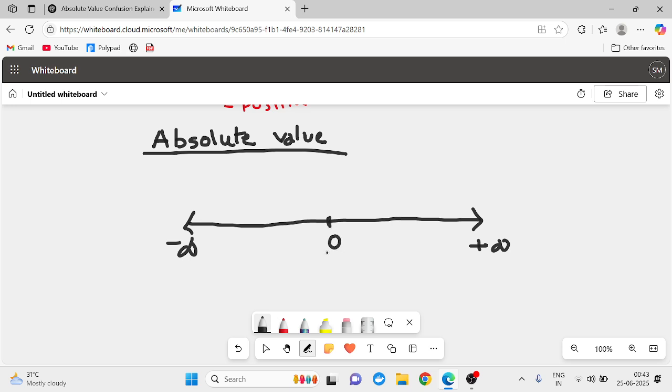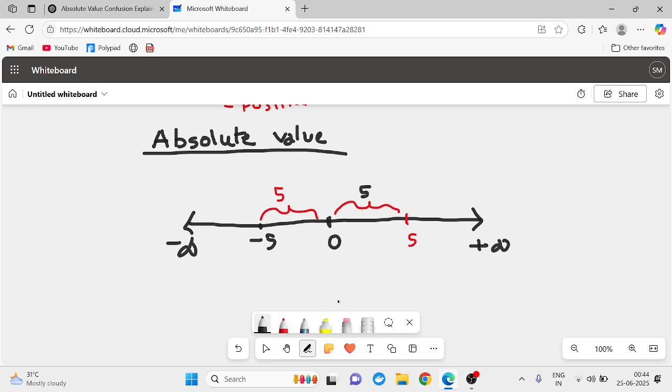Say this is 0. And at a distance 5, this will be 5. Again, at a distance 5 on the left hand side, this point will be minus 5. But the absolute value is how much? 5. So either you take the point minus 5 or this side 5. It's the positive that matters the most. So the absolute value is always positive.